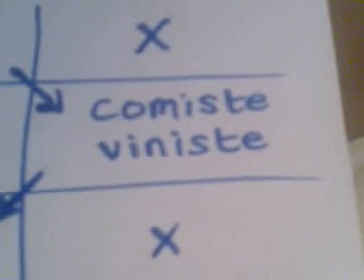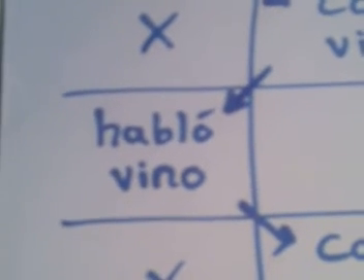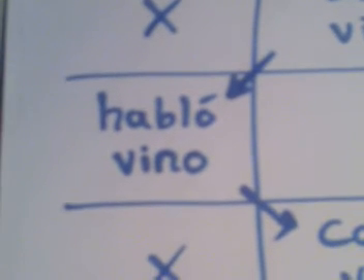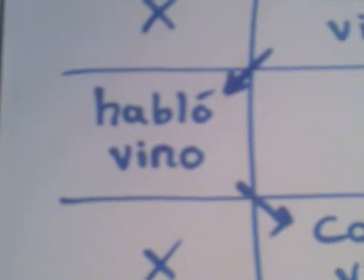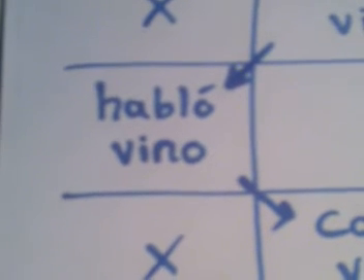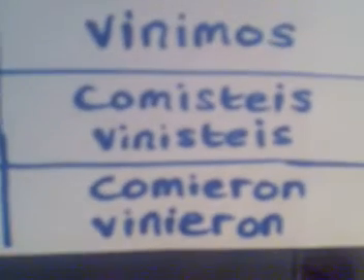No accents on comiste or viniste, but then with the AR verb you have habló with the accentuated O, but again, whilst you do have the O ending for the irregular preterite tense verb vino, the accent mark has disappeared. No accent marks with comimos, no accent marks with vinisteis, and no accent marks with vinieron.